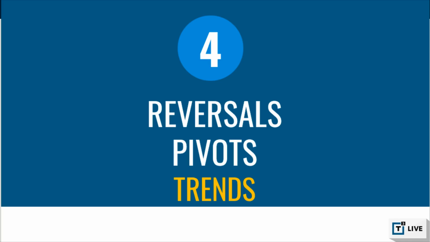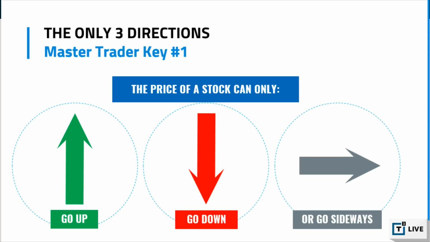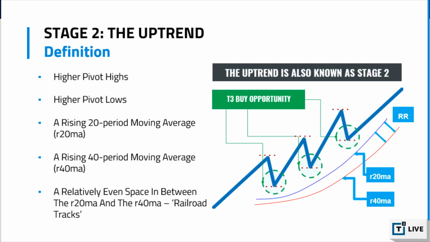We are on lesson number 5, but last time we talked about trends, and that's what I call master trader key number 1, that stocks can go either up, down, or sideways. That's not an earth-shattering revelation. Most of you know that, but there's actually more to it than you think.